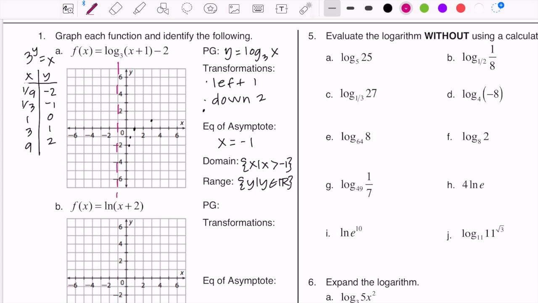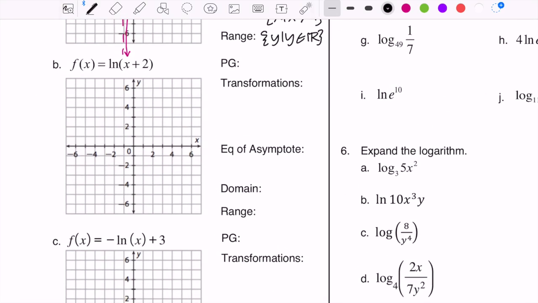Then every point we go left 1 down 2, left 1 down 2, left 1 down 2, left 1 down 2. And then we know it does that smooth curve and it coasts along its asymptote with arrows on both ends. It's going to get closer and closer to that asymptote, and it's going to go higher and higher. Okay, so that's the typical shape of a logarithm.